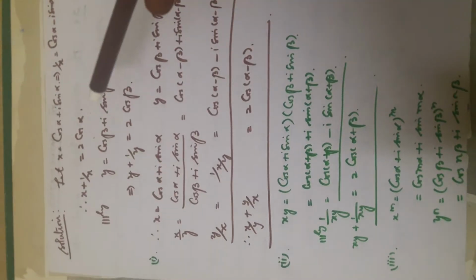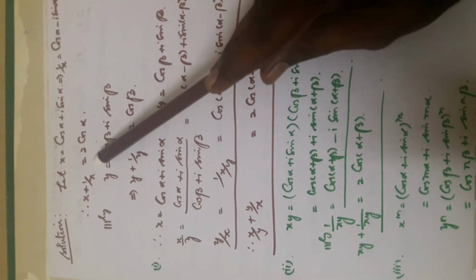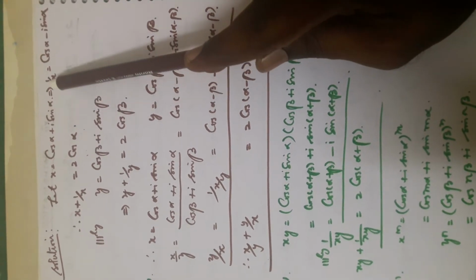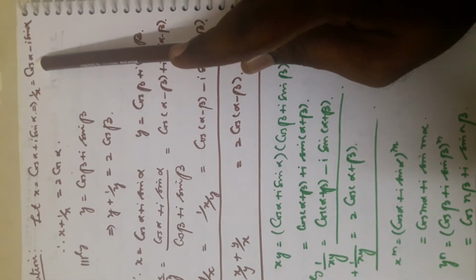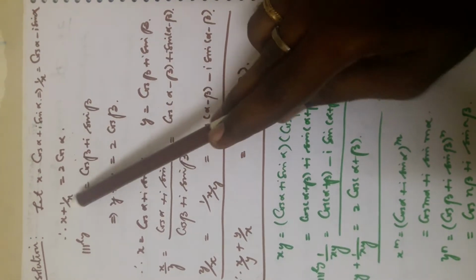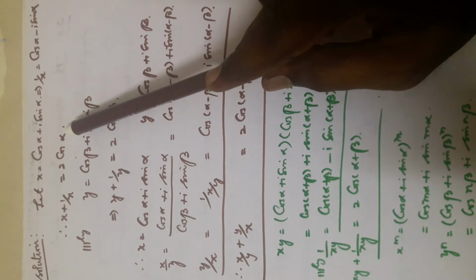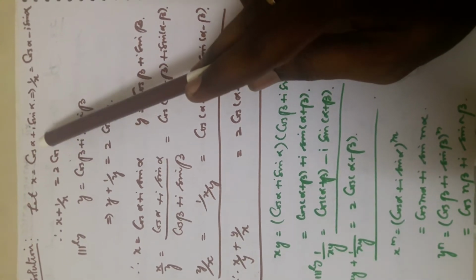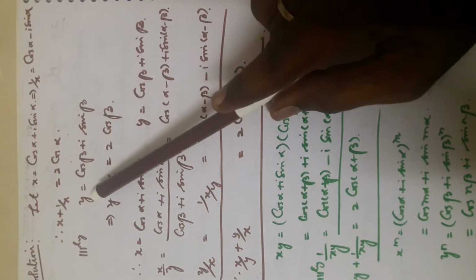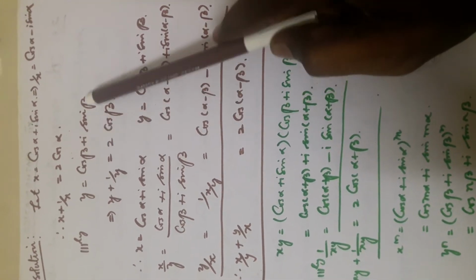Now how to proceed? Take x equal to cos alpha plus i sin alpha. So what will happen? Your 1 by x equals cos alpha minus i sin alpha. Therefore, x plus 1 by x becomes 2 cos alpha. So your x can be cos alpha plus i sin alpha. Like that, we can take y as cos beta plus i sin beta.